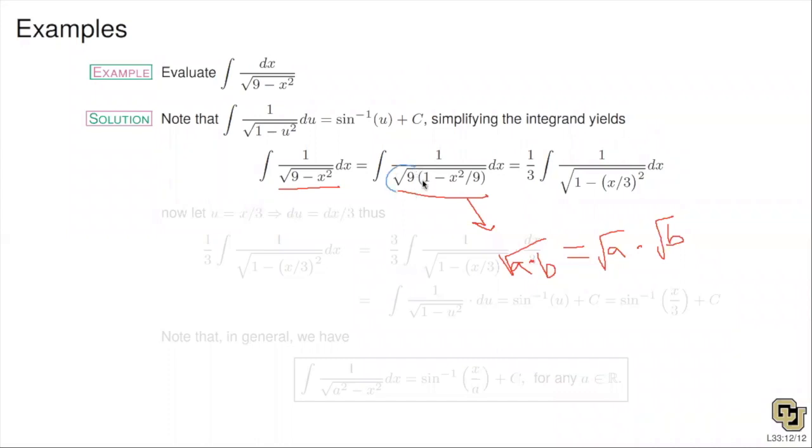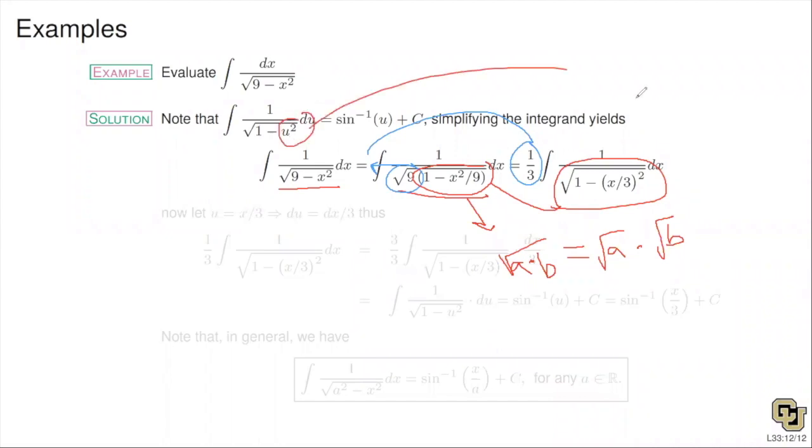I write this as radical 9, which is a 3, and I factor out the 1/3. And that's where this 1/3 comes from. That's actually 1 over radical 9. And then the other term here is the square root of 1 minus x squared over 9, which is right here. I wrote x squared over 9 as x over 3 quantity squared, because I wanted to write it as a single symbol squared.